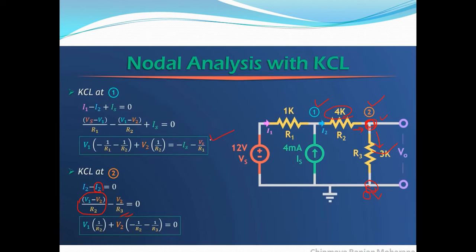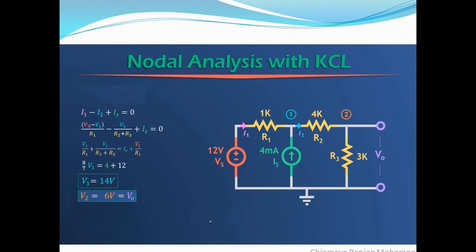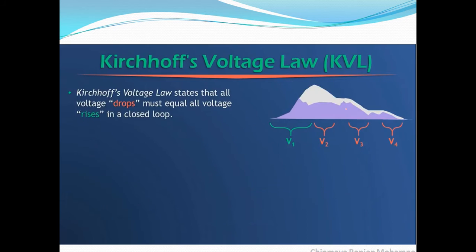So we can get an expression here at KCL, and here also we can get an expression. From all these expressions, we calculate the value of V1 and V2. We can calculate the voltage here and the voltage here by applying nodal analysis. Then comes Kirchhoff's voltage law.